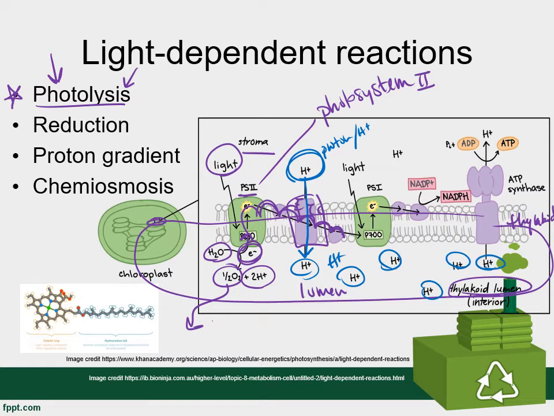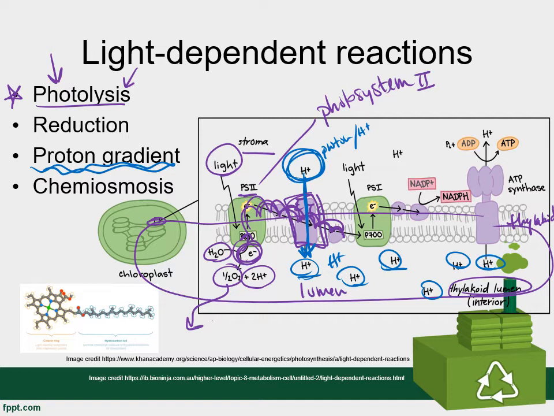We're going to have a bunch of hydrogen ions in here because those electrons jump, jump, jump, give energy to the electron transport chain. That energy is used to pump the hydrogen ions into the lumen. High concentration gradient, proton gradient, of these hydrogen ions inside the thylakoid lumen, or the space of the thylakoid.